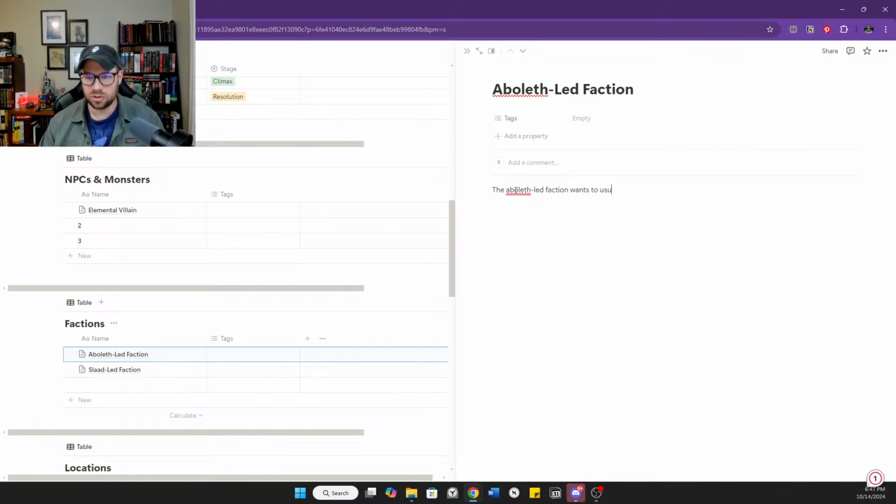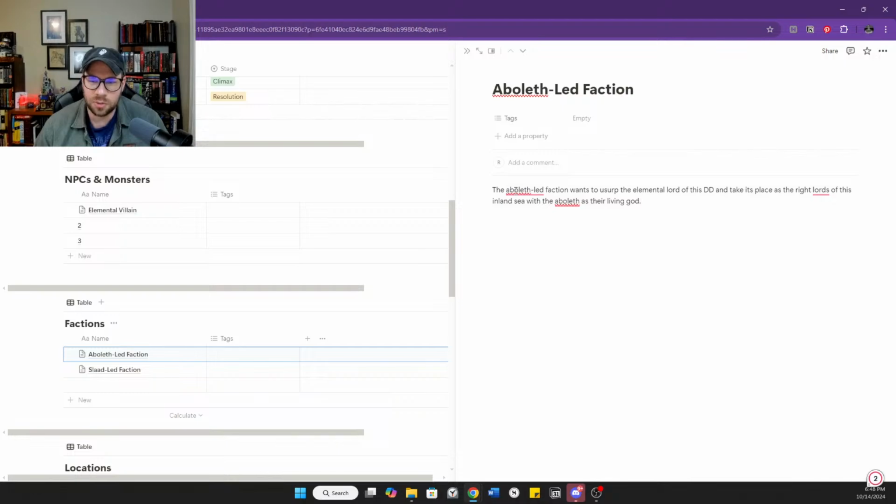wants to usurp the elemental lord of this domain of dread and take its place as the rightful lords of this inland sea with the Aboleth as their living god.